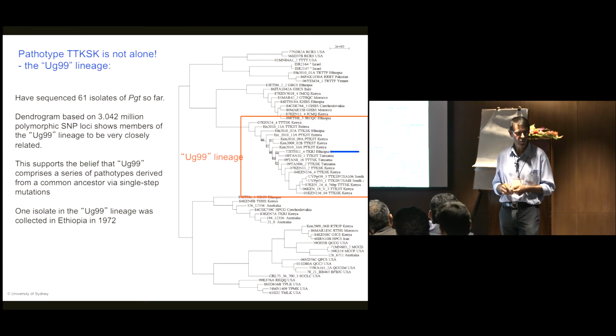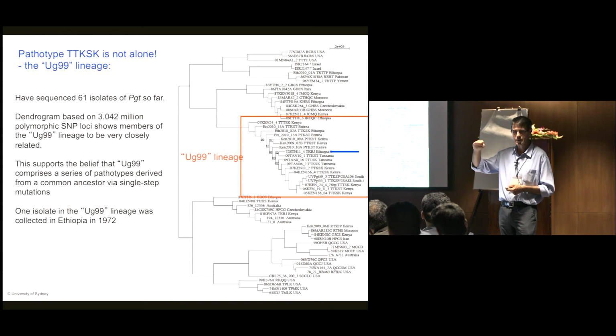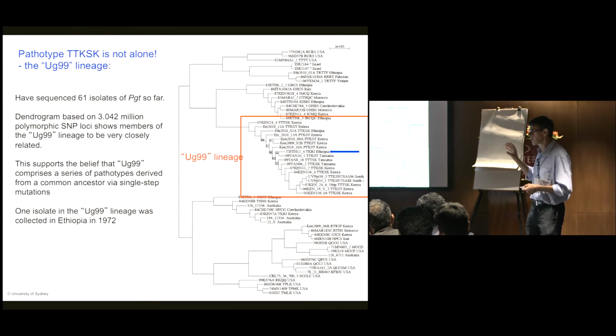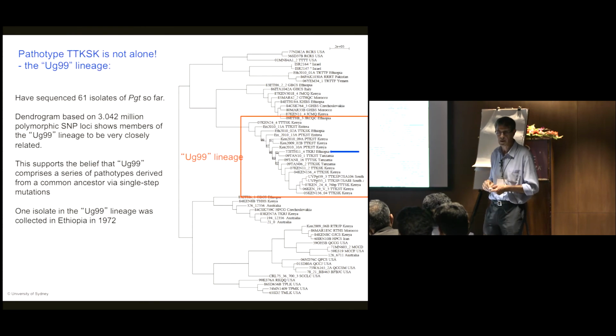All right? So what's probably happened is that there's been a stem rust genotype out there, and over the past 30 to 40 years it's just acquired the virulences that have made it important through those single-step mutations that I showed you with the stripe rust before. Okay, so this TTKSK doesn't appear to be something that's just jumped off Barbary with all that package of virulence genes in place, with the ability to attack all those varieties. It's probably accumulated those virulences over a period of time.